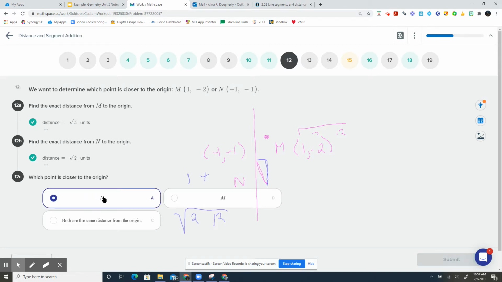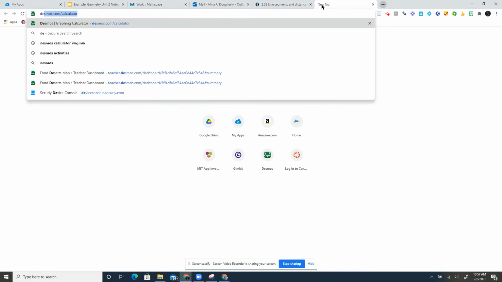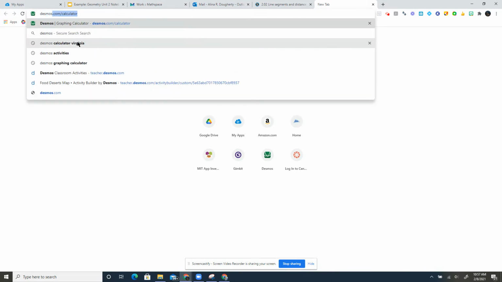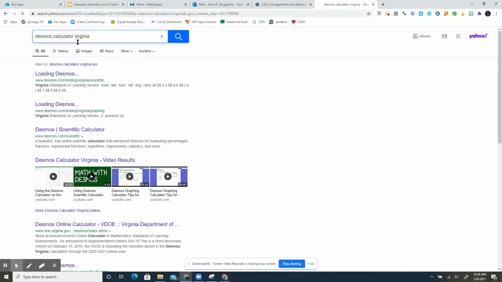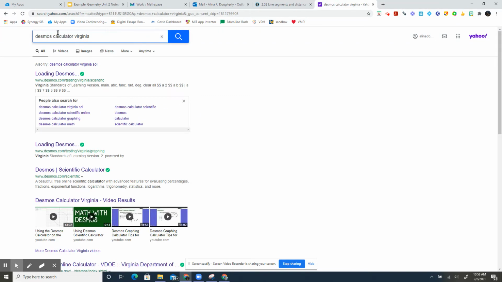And these are just time-sucking questions. This one was pretty easy, but sometimes they do get kind of hard. So definitely open up your Desmos. I can open up Desmos here and show us. You want to do Desmos Calculator Virginia. Desmos Calculator Virginia is going to give you all the tools that you get on the Virginia SOL.